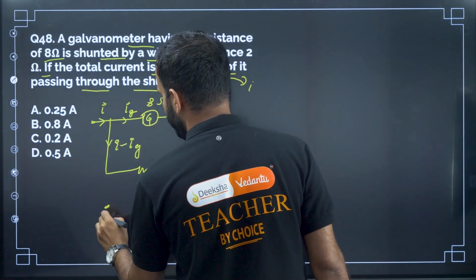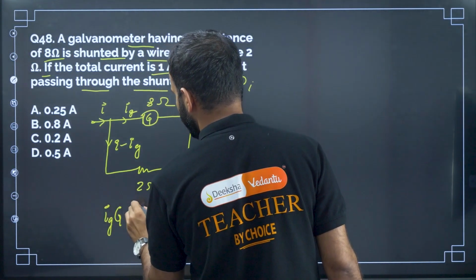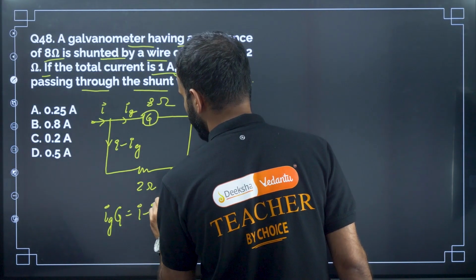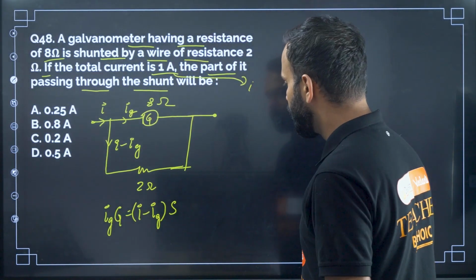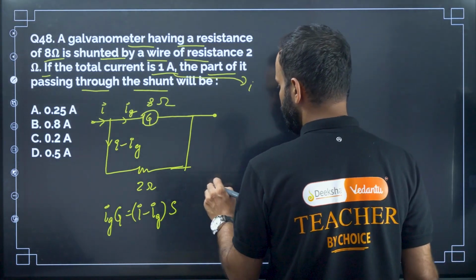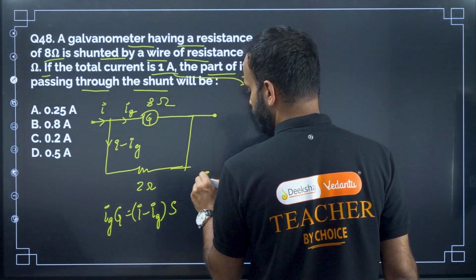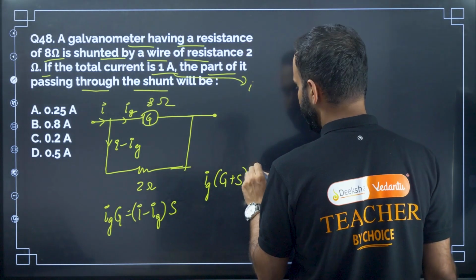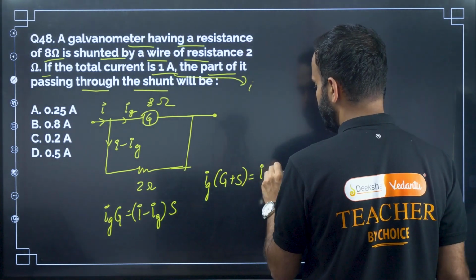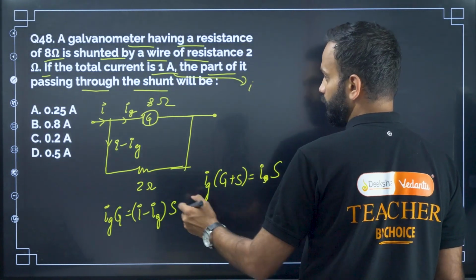So now Ig into G is equal to I minus Ig into S, right? So let us find Ig. So now Ig into G plus S is equal to I into S, right?